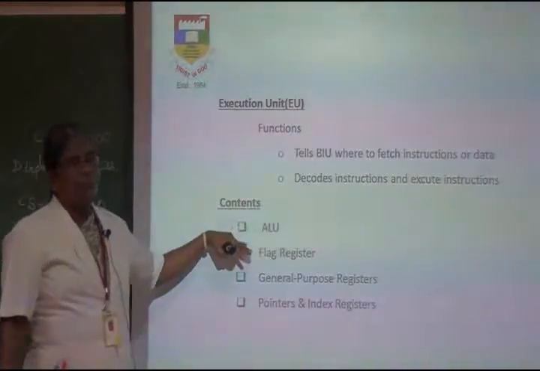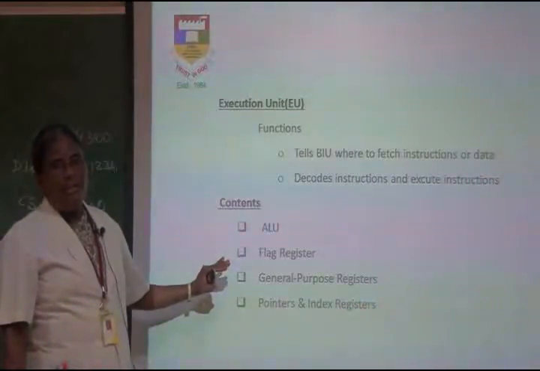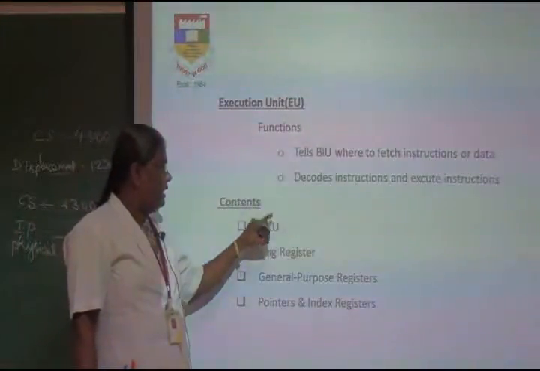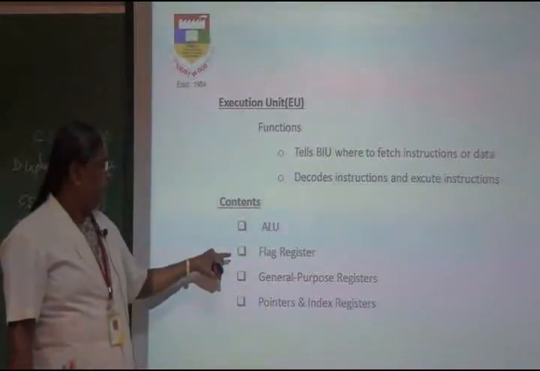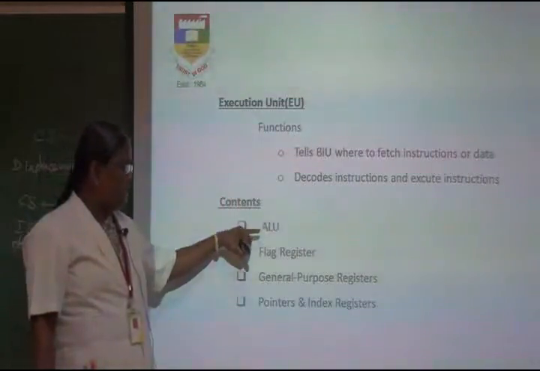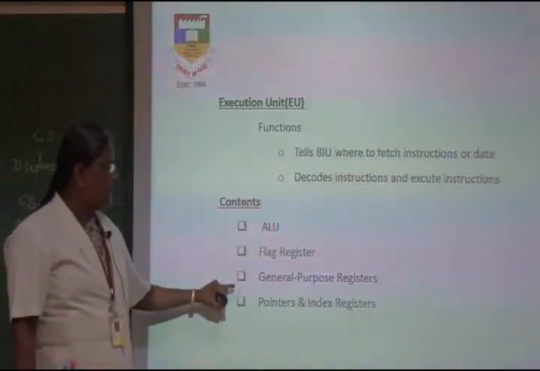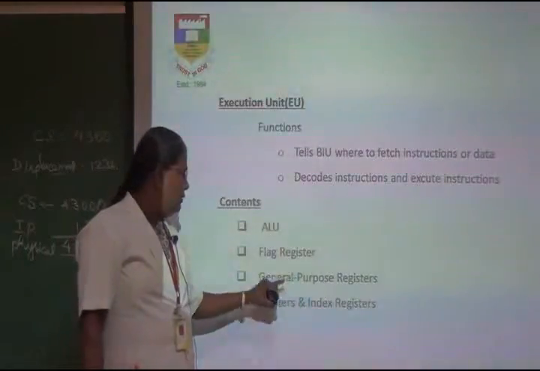The ALU will perform all the operations, arithmetic operation, logical operation and other operations indicated by the instructions, and stores the result. The flag register will indicate the status of the operation, and general purpose registers are used for storing the data during operation.